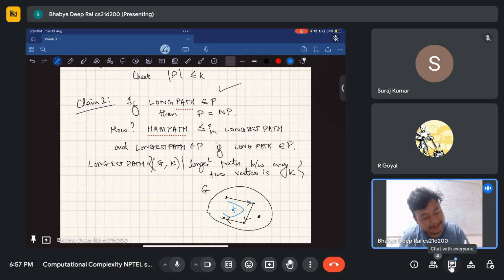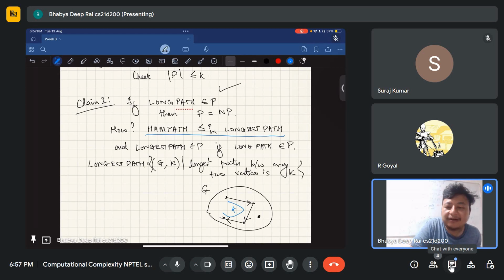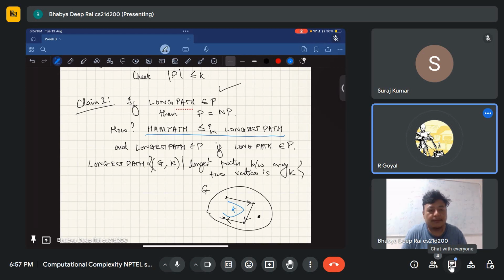Now, what did I say? The claim is that Hamiltonian path, Ham path, reduces to longest path. Any idea how? Longest path is the task of checking whether G has the longest path between any two vertices as K. We can have the longest path only when we visit every vertex.